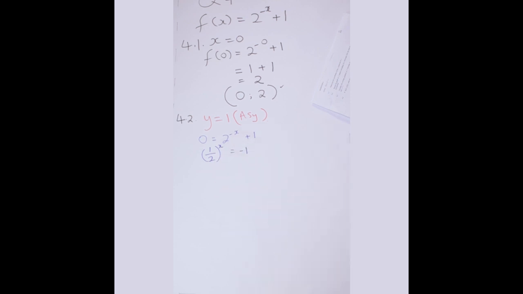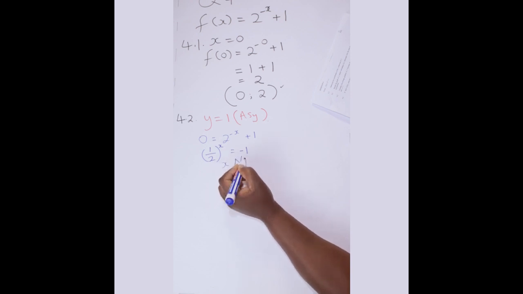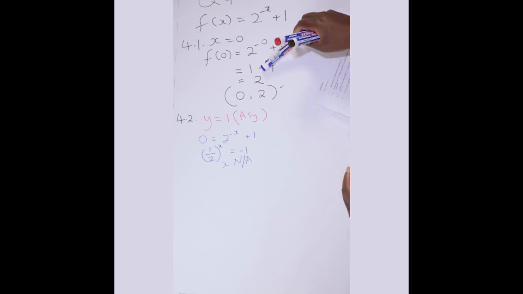So there's nothing in the exponential rule that can give you a negative 1. Therefore, x has no value. In other words, it has no solution, meaning that your graph will never touch or cut the x-axis, the line y equals 0.